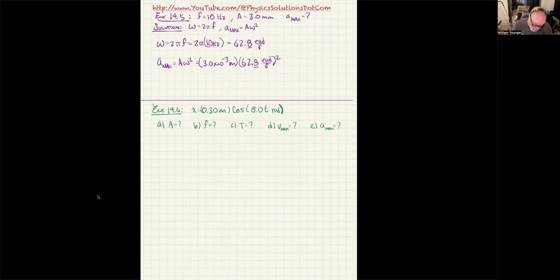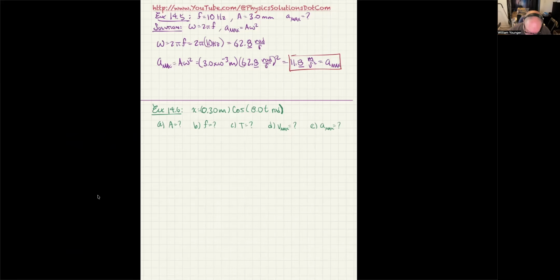So I'm going to take 62.8 squared and multiply that by 3 times 10 to the negative 3, and that's going to give me 11.8 meters per second per second. Again, we're just sloughing off the actual radians squared because a radian is not a true unit, it's a pure number. So that's what our A max is, and we've now solved that problem. Your book is calling that 12. Of course, that's exactly what we round it to, so that should work out pretty well.